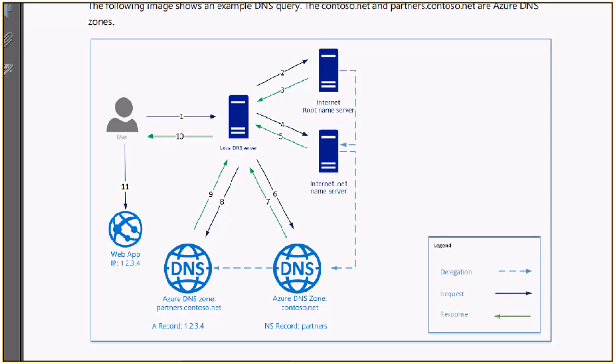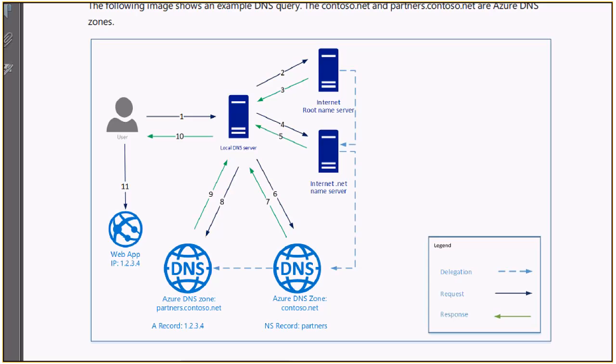So the local DNS server will just go ahead and connect to your internet .net name server, which will find out, okay, this IP address has been assigned to this particular address, and then send it back to your local DNS server. And then the local DNS server will send it on, with all the details, to your Azure DNS if it is hosted in Azure, whether primary or secondary, and then find out the NS record or the A record.